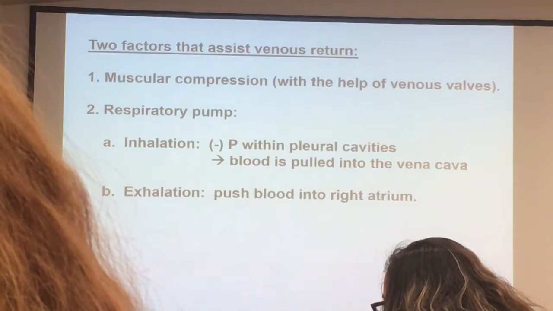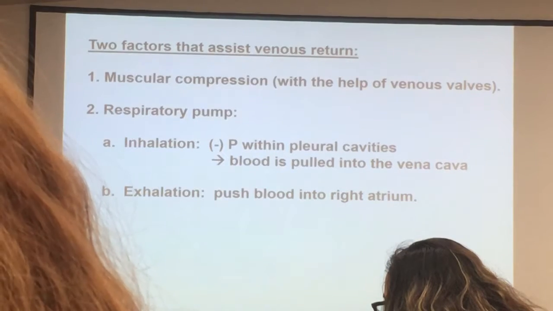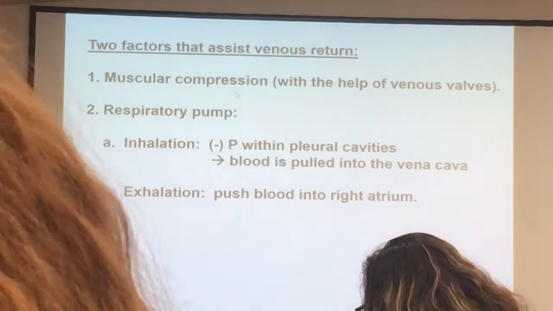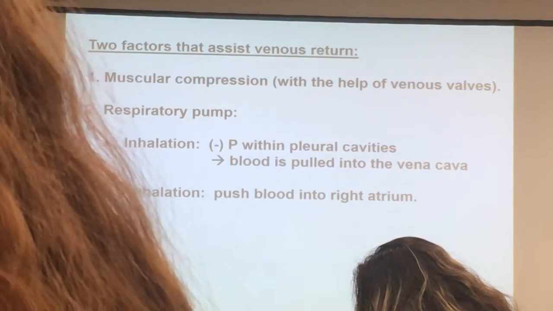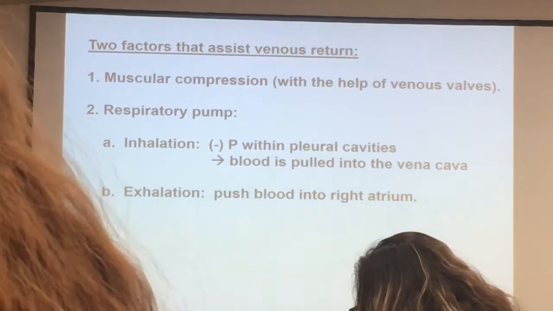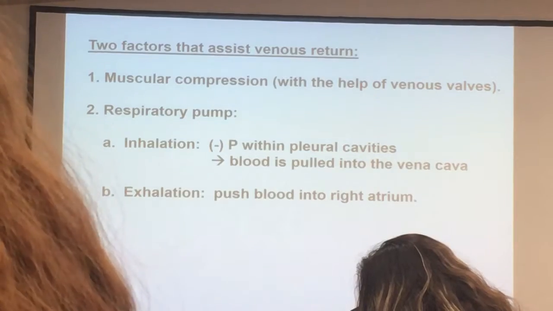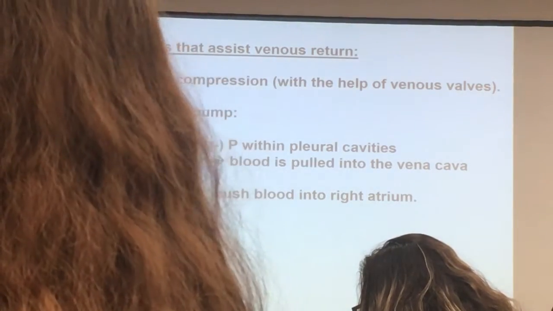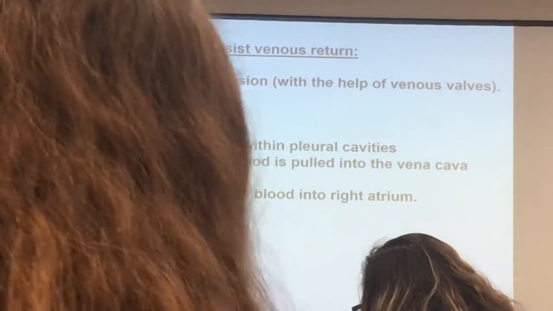Two factors affect the blood return to the right atrium. We just mentioned that one is muscular contraction, which helps the blood. So how can you increase your blood return to your heart? Walk, exercise. The other one is lung health. We call it the respiratory pump.